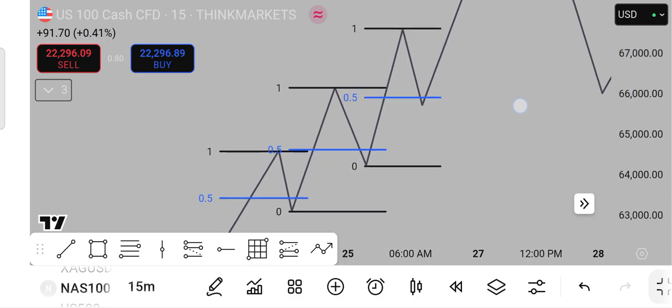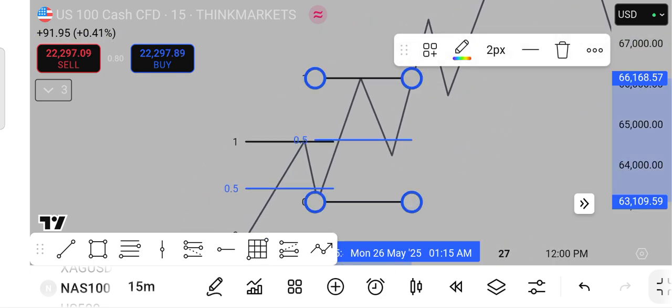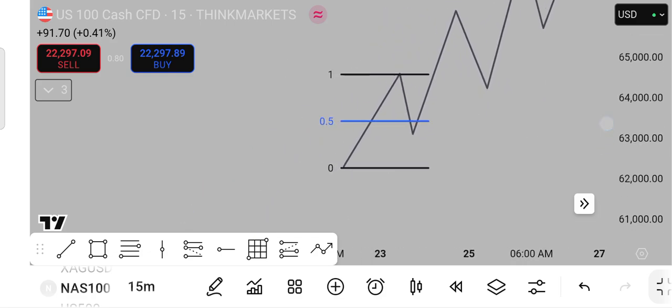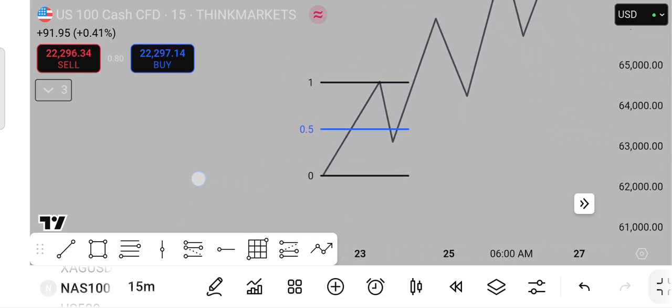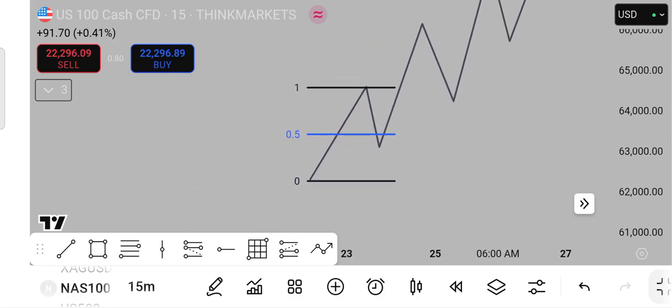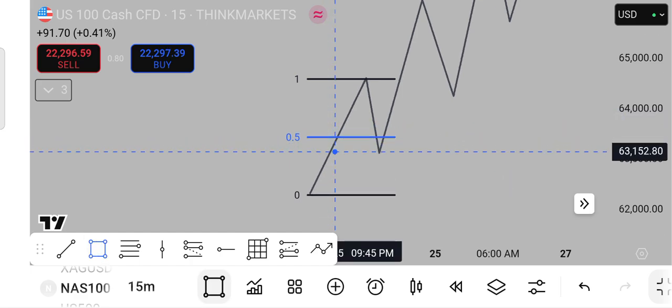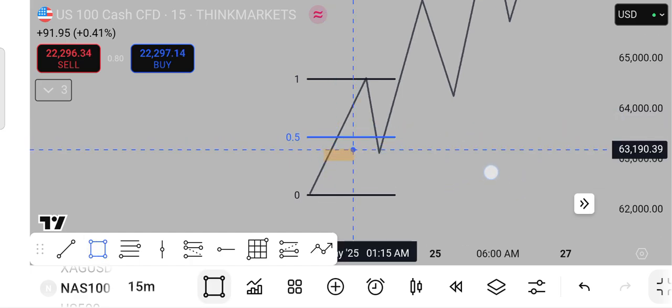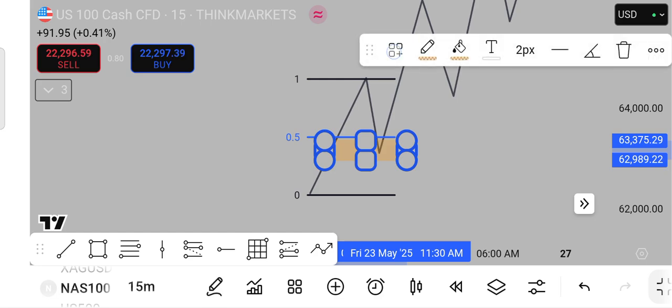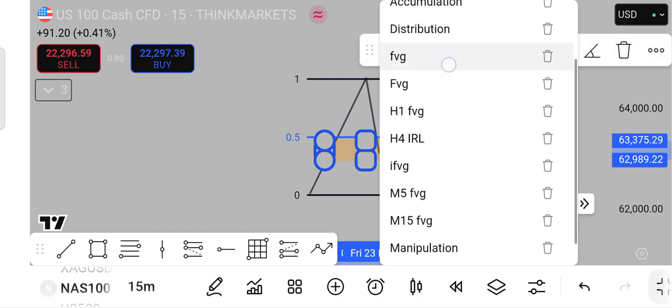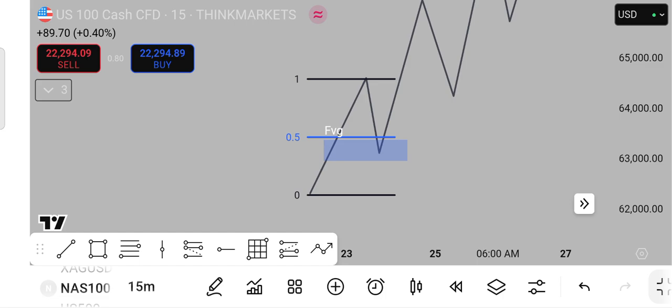Okay, there are some times when these 50% ranges don't get tapped, and there are also plus confirmations. We have higher time frame FVG here, like H4 FVG, H1 FVG, or M15 FVG. That gives us more confidence that we are moving strongly to upside.